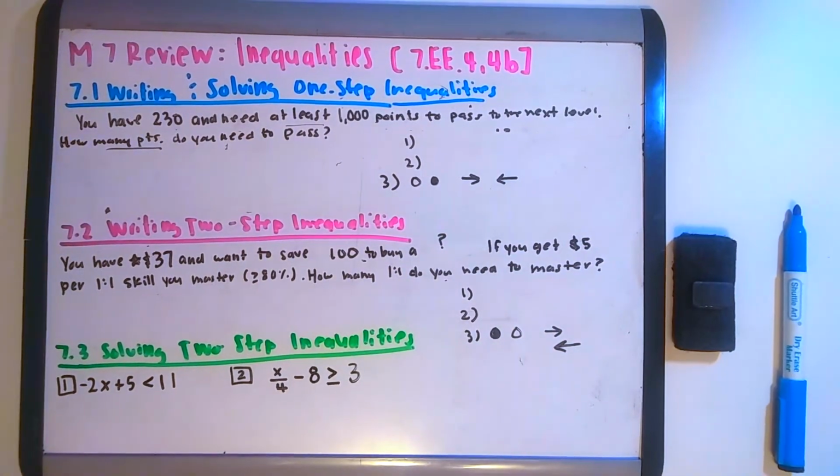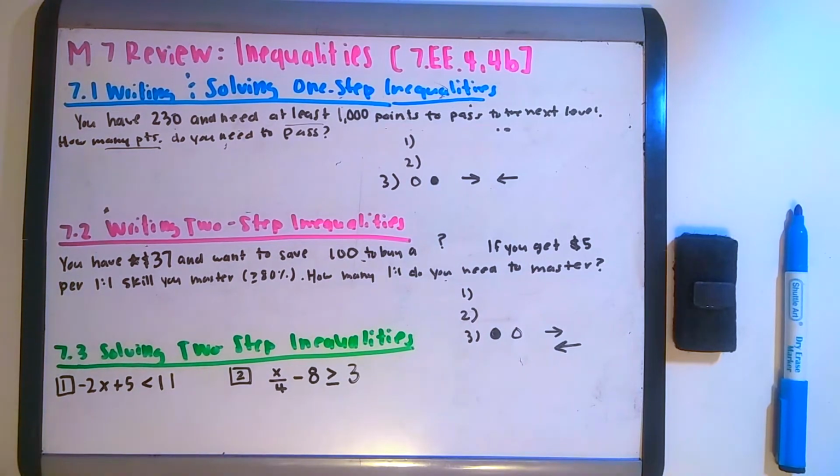Okay, lastly, we're going to solve two-step inequalities. So remember, to solve inequalities, you want to isolate your variable, and you move the terms that are not attached to the variable first. Or the term that doesn't include the variable. So then I have to do inverse operation here. So I'm going to move this to the other side, and I do that by doing the opposite operation, which is subtraction. So what I do to one side, I do to the other side of the inequality.